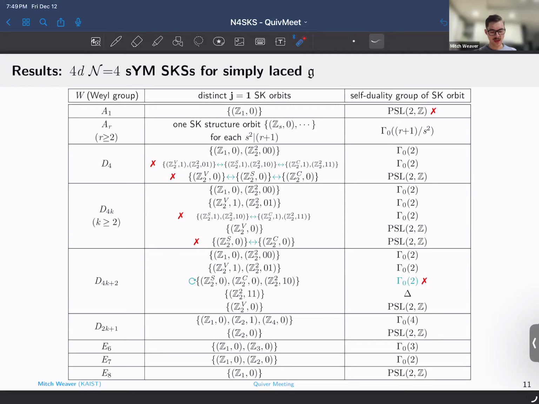And everything that's in a bracket is equivalent. So there exists a sort of EM duality transformation relating the corresponding Z reps.